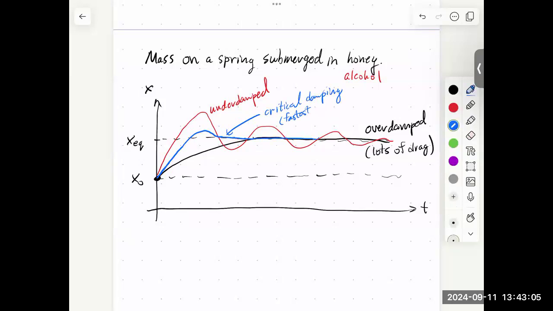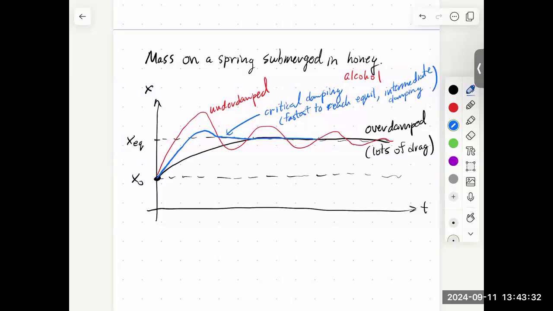Fastest to reach equilibrium. And this has some intermediate damping, right, between the underdamped and overdamped cases. Okay.